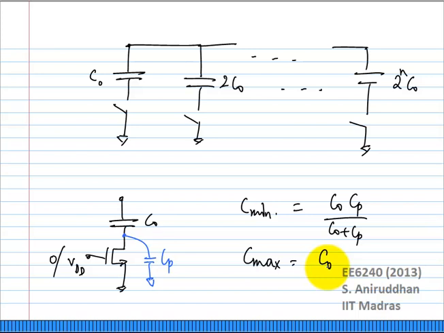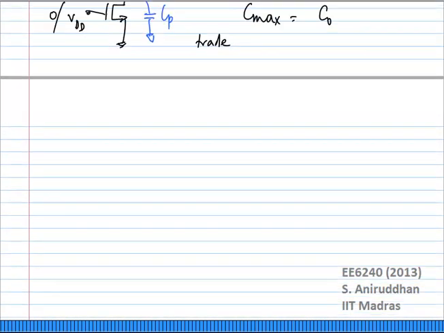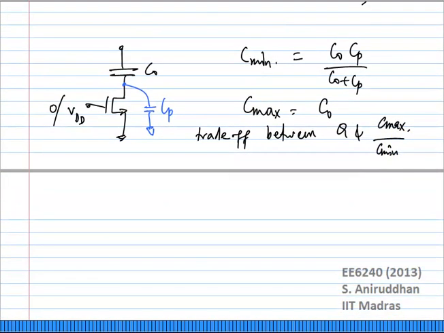So there is a trade-off between Q and Cmax by Cmin. There is a trade-off between Q and the tuning range for your switched capacitor bank. This you cannot fundamentally escape from. Okay? You cannot escape from this.